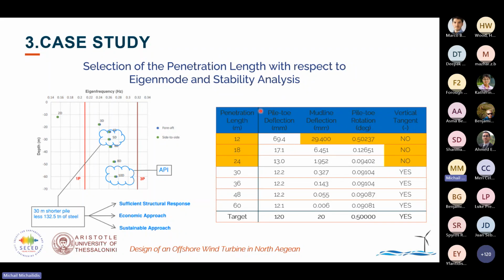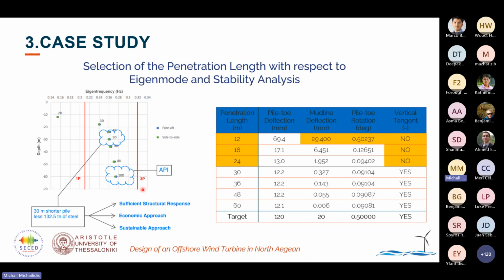Regarding the stability analysis, we need to refer to some key serviceability criteria like the pile head deflection, mudline deflection, pile rotation, and the existence of a vertical tangent according to the DNVGL regulations.